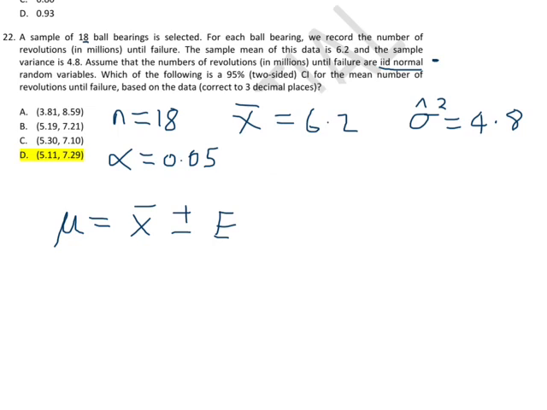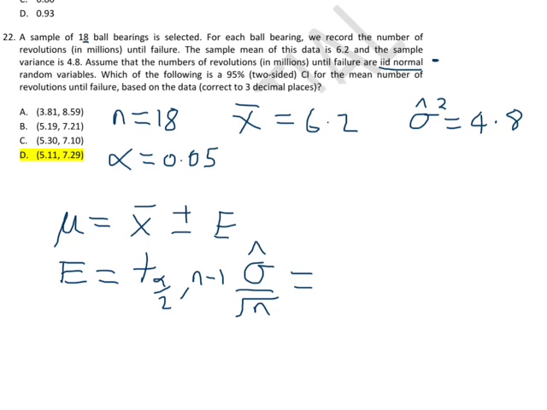In this case, we're going to use equation number 72, and that tells us that our error, E, is equal to t of alpha over 2 with n minus 1 degrees of freedom, multiplied by our sample standard deviation over root n.